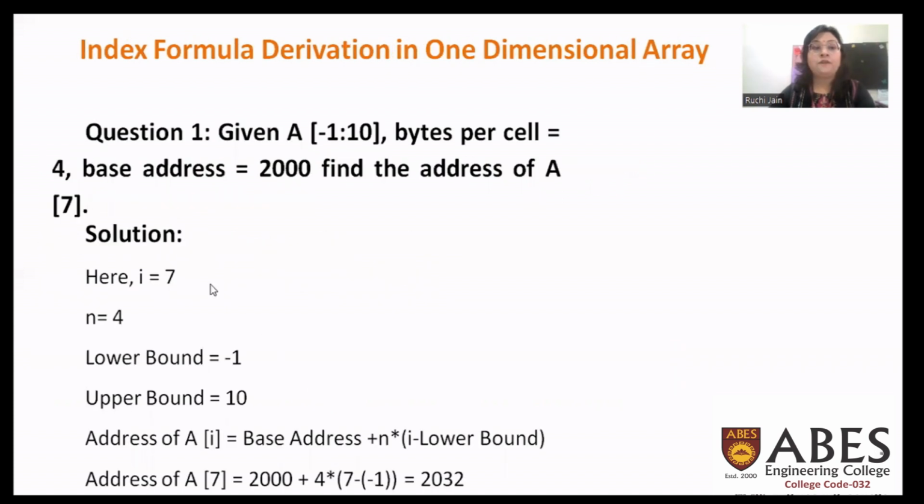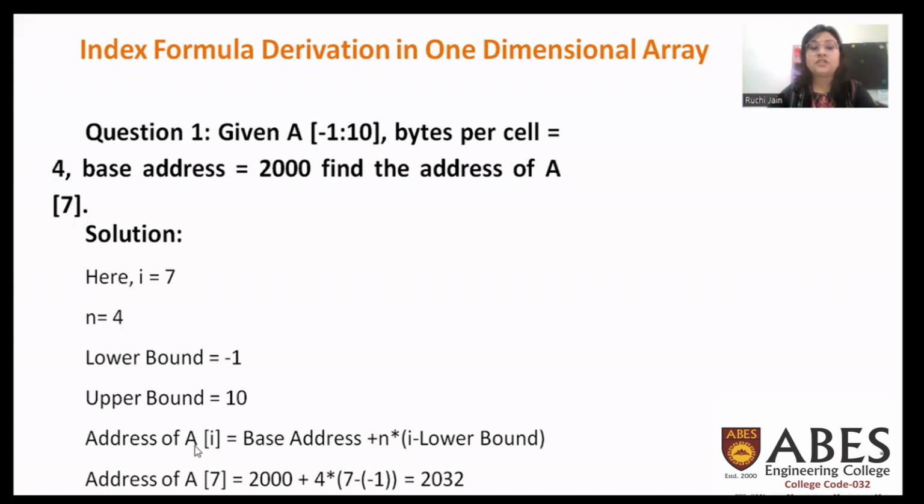Moving forward, we discuss one example. Given A equals minus 1 colon 10, bytes per cell equals 4, base address 2000. You have to calculate the address of A7. That means here i equals 7, n, the number of bytes per cell, equals 4. Minus 1 is the lower bound, 10 is the upper bound.